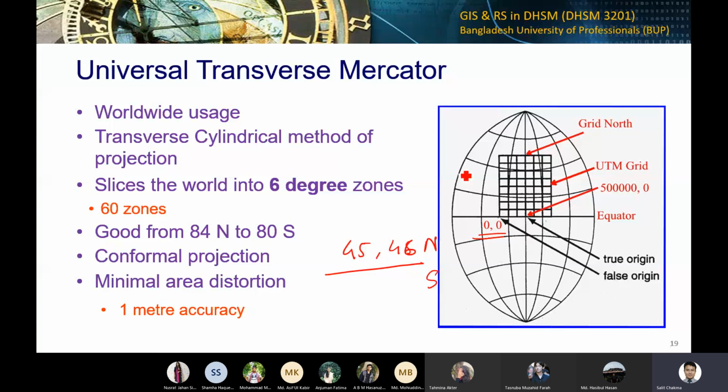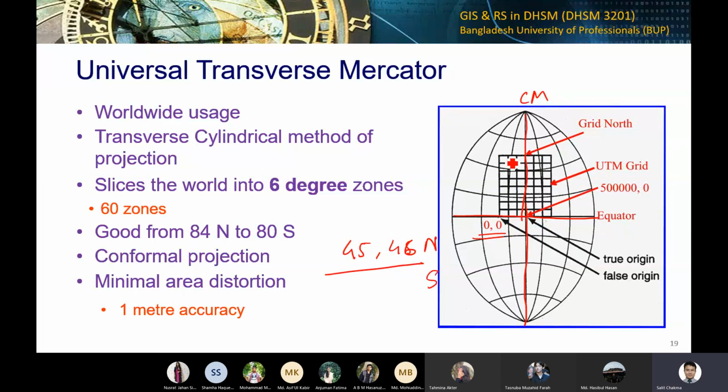Let's put it in a different way. Let's say that this is the CM, the central meridian. This is the central meridian. That is the origin point, the true origin point.